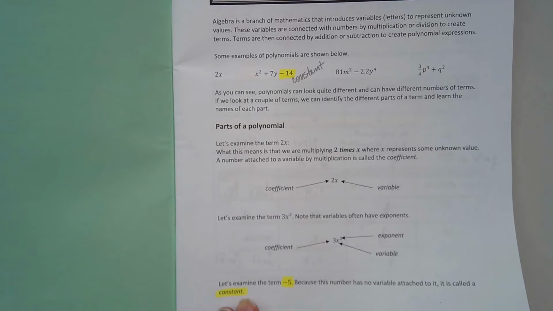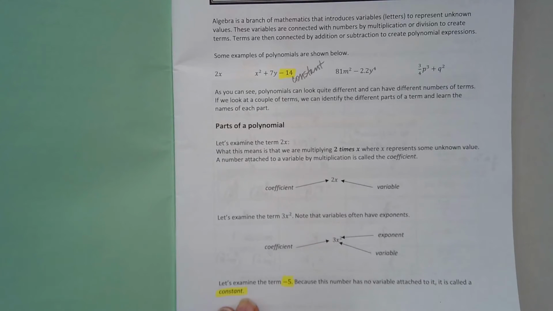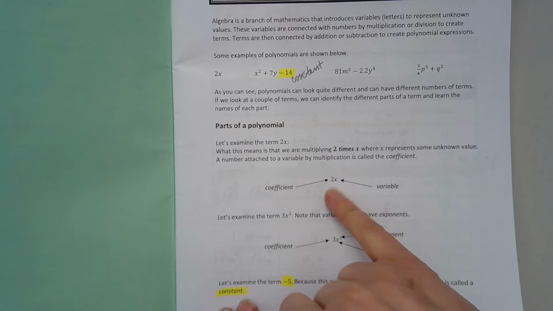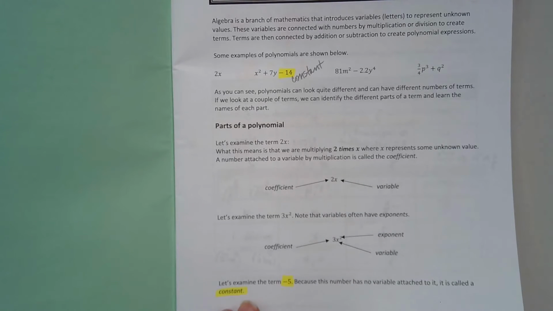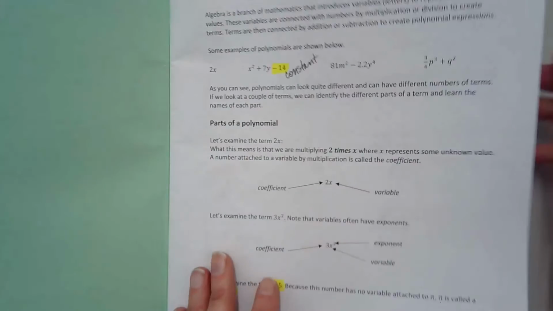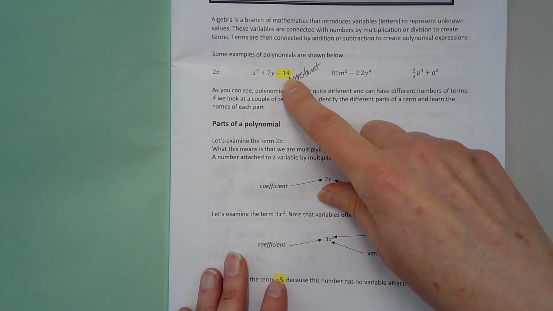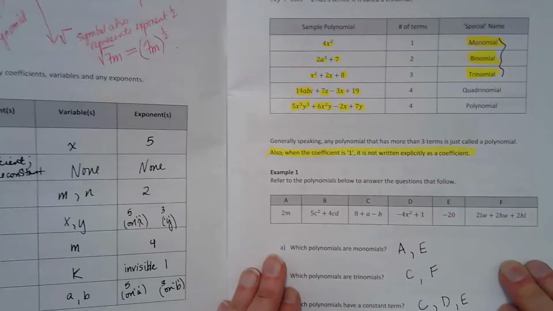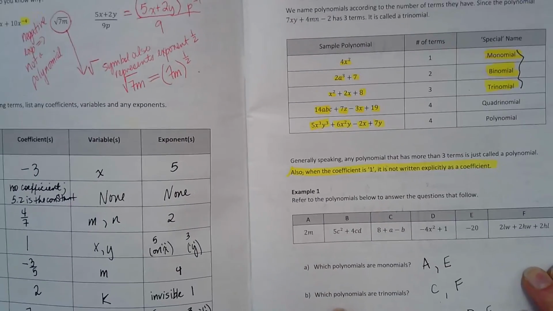So the other thing we talked about is if there's a number attached to a variable, like through multiplication, that's called a coefficient. You already knew what an exponent is, but we have variables and coefficients. If there's just a lone number, like a lone integer, it's called a constant. And then we also learned that polynomials can be any size.